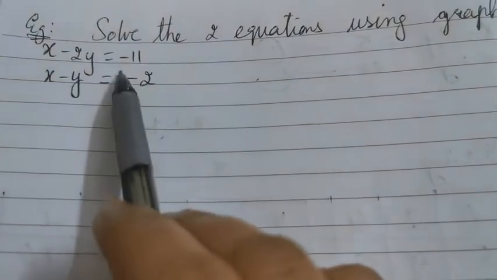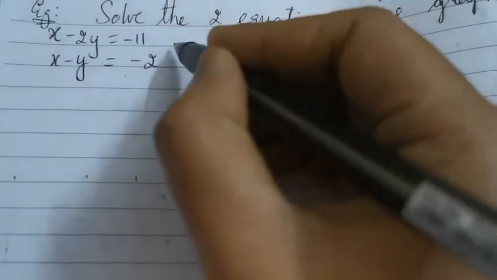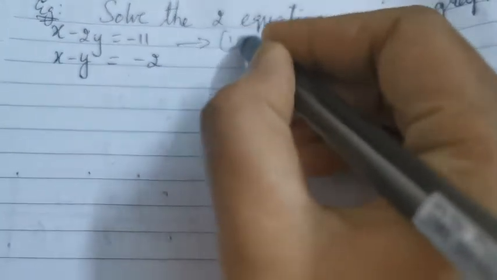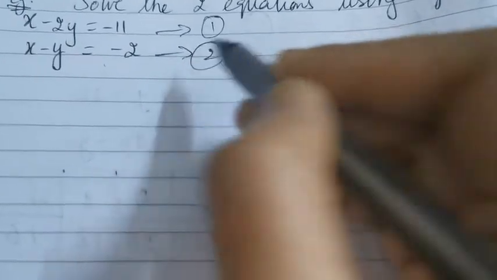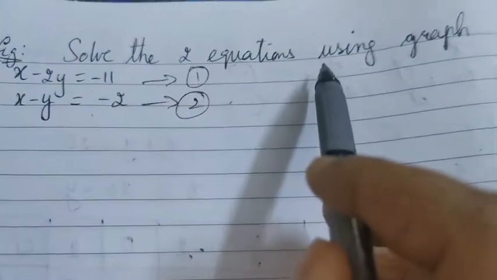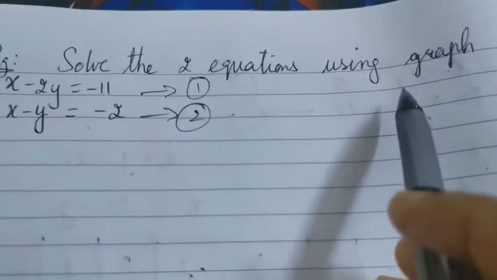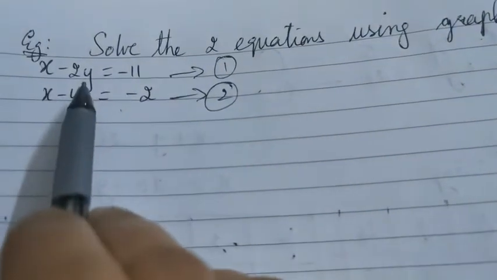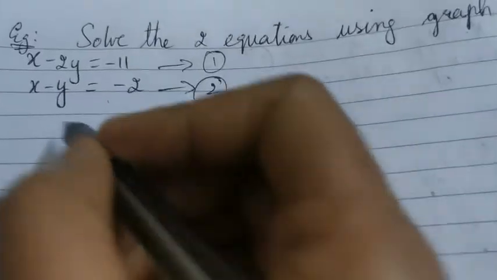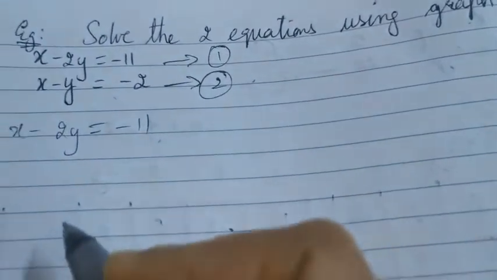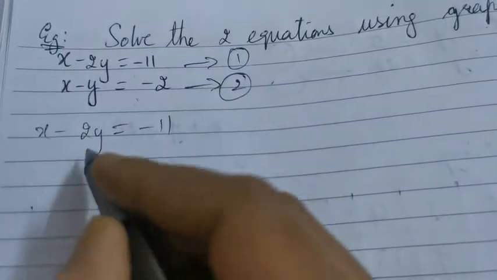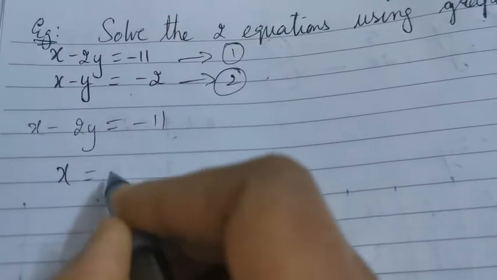Here I have two equations. X minus 2y is equal to minus 11 and x minus y is equal to minus 2. So we have to solve the two equations using graph. The first step which we will do here is take the first equation and find the value of x or y. Here I will find the value of x.